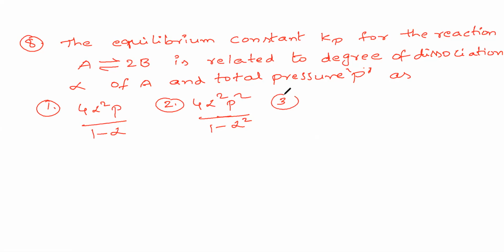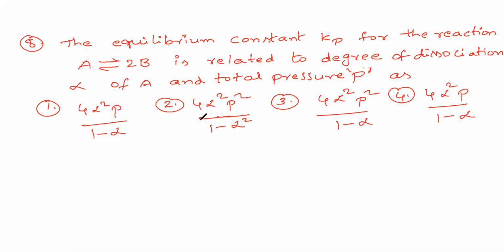Option 3 is 4 alpha square P square by 1 minus alpha. And option 4 is 4 alpha square P by 1 minus alpha.